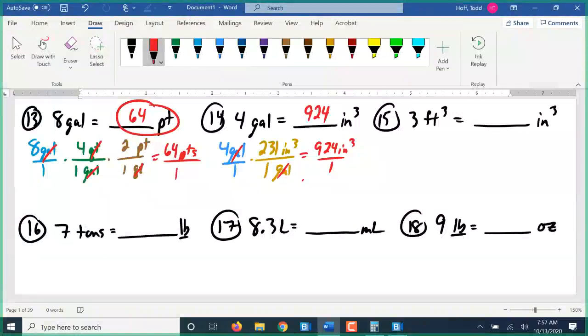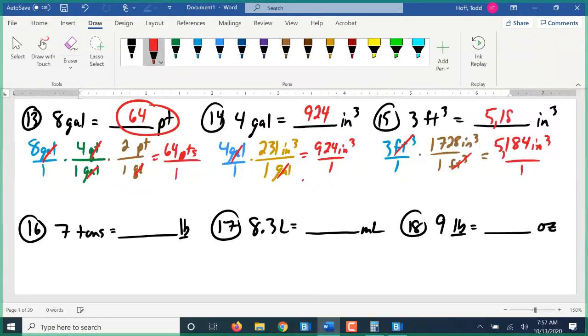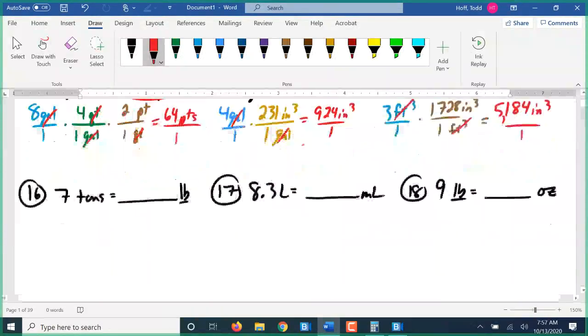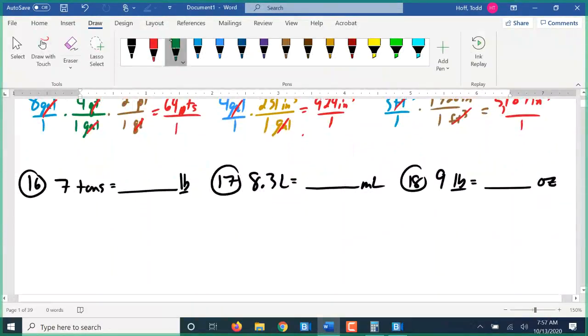Number 15, 3 cubic feet. We're going to put cubic feet on bottom. 1 cubic foot is 1,728 cubic inches. Cubic feet cancel. 3 times 1728 is 5,184 cubic inches. 1 times 1 is 1, so it's 5,184 cubic inches. 7 tons into pounds.